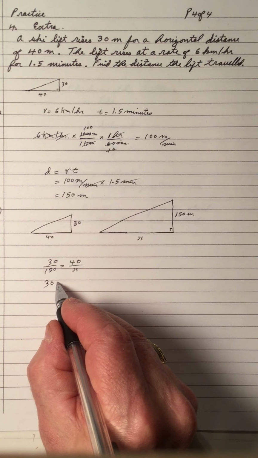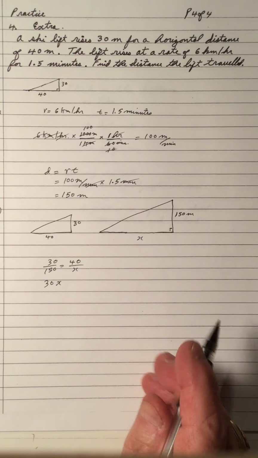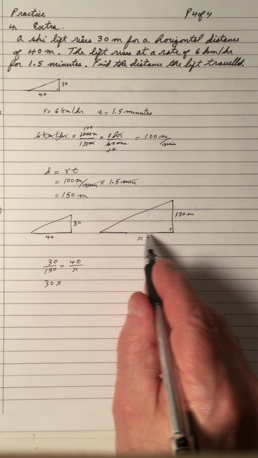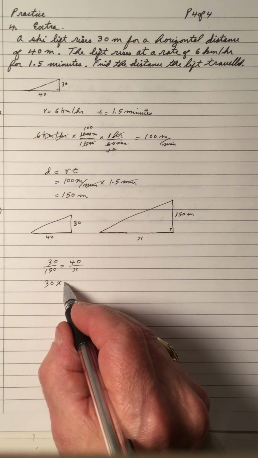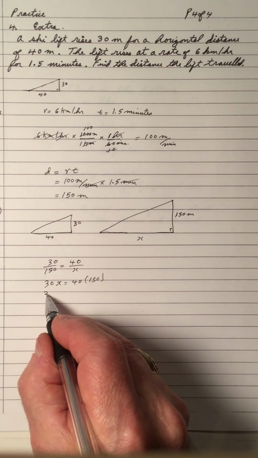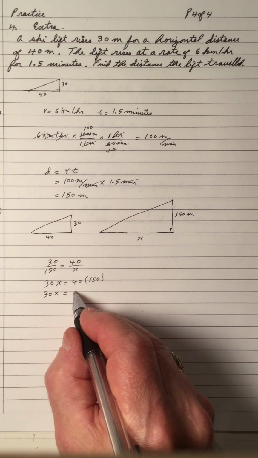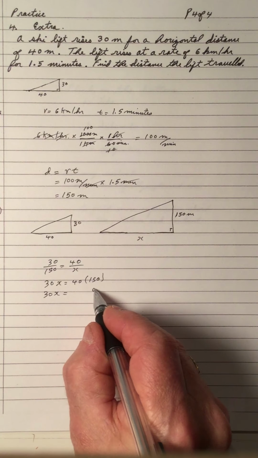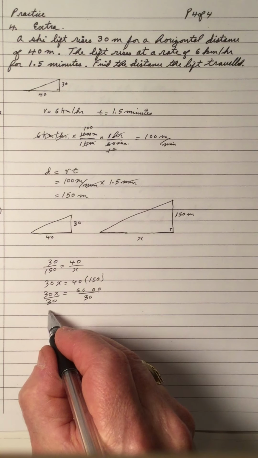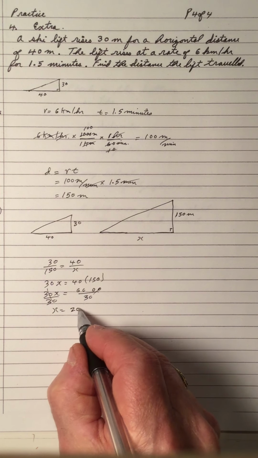So 30x, notice this is x, so that's 40 times 150. So 30x is 40 times that, 6000, divided by 30, and I get x equals 200.